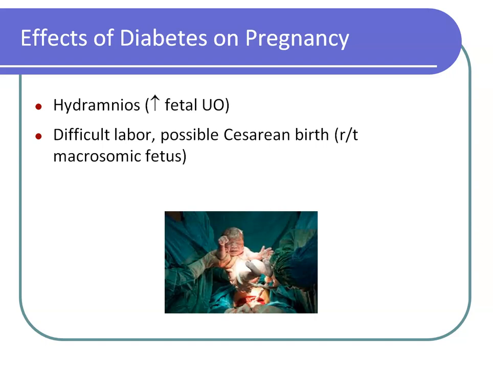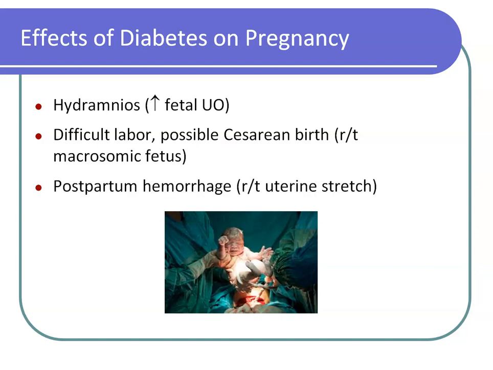There's also a greater risk of difficult labor, and another name for that is dystocia, and possibly a cesarean birth related to the large size of the fetus, and we'll talk about why that is. But a large fetus or a large newborn is called macrosomic, just means large.